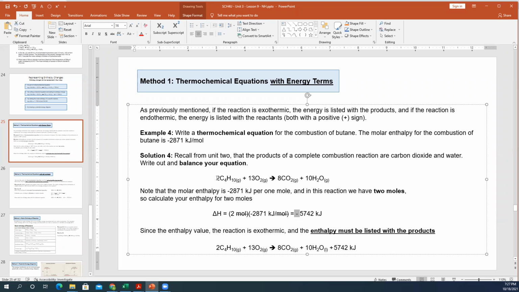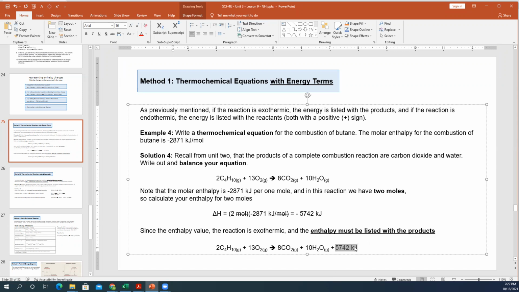So here we write our equation, just as we have it, our balanced equation. And let me just correct this also while we're here right now. And we write this value on the right side because it's a product, it's being produced by this reaction. It's an exothermic reaction.